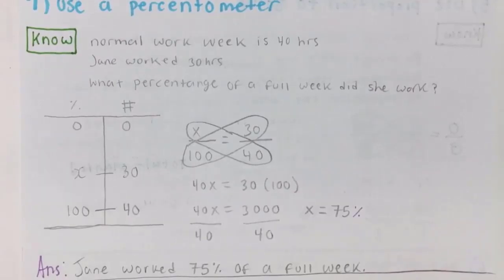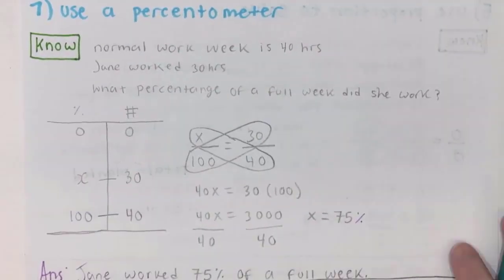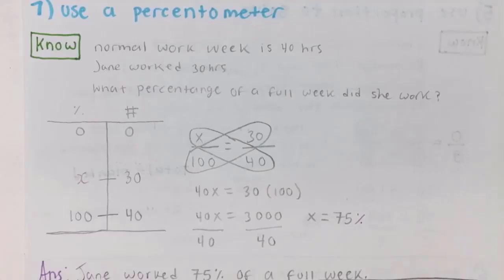Okay, so first I like to write what I know from the question. What I know is that a normal work week is 40 hours and that Jane worked 30 hours, and then we're trying to find what percent of a full week she worked.